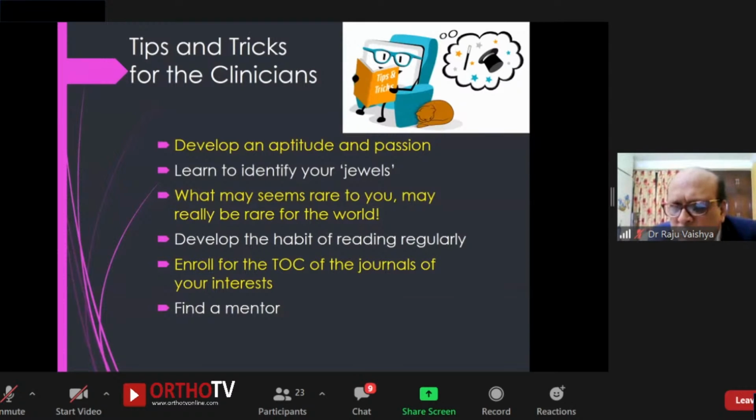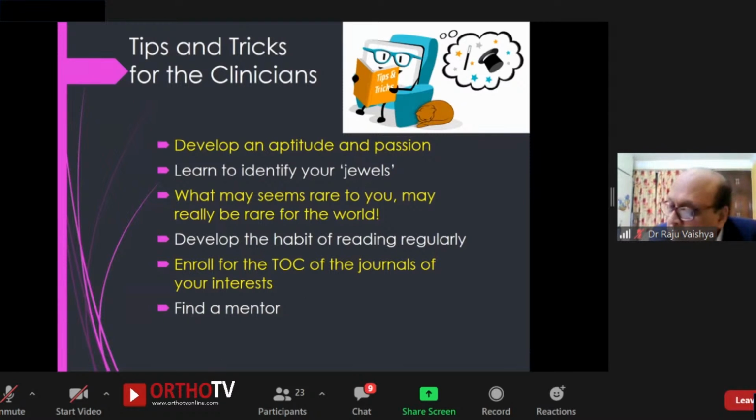You should develop the habit of reading regularly, and the easiest way I find is to enroll with various journals for their table of content to be sent to you on each publication through email, and that helps you to develop interest and be aware of what's being published in the recent past, and then you can choose some of the topics of your interest to read in more details.